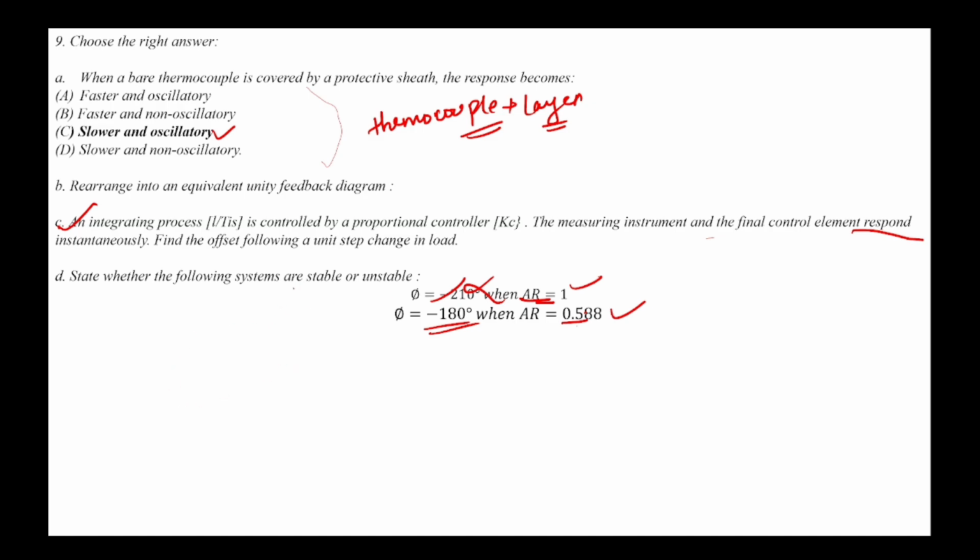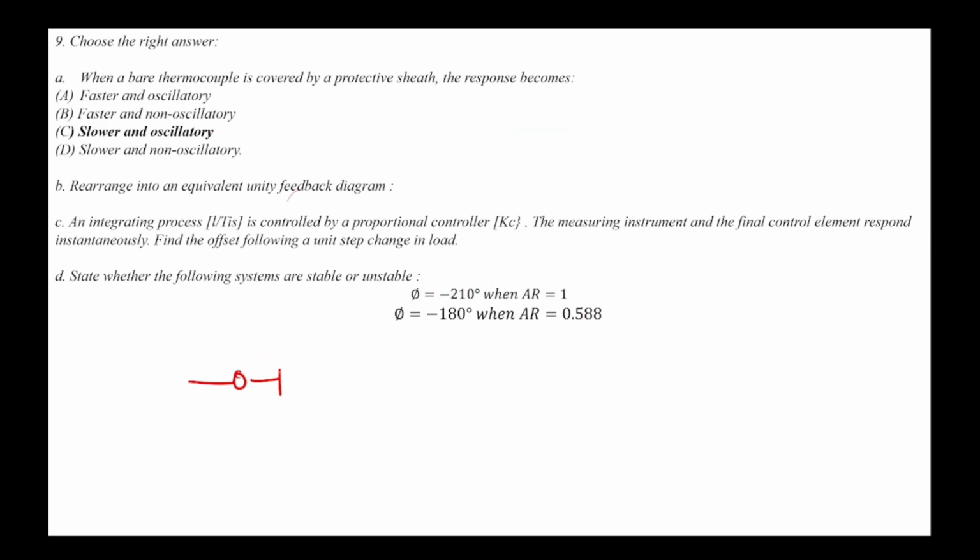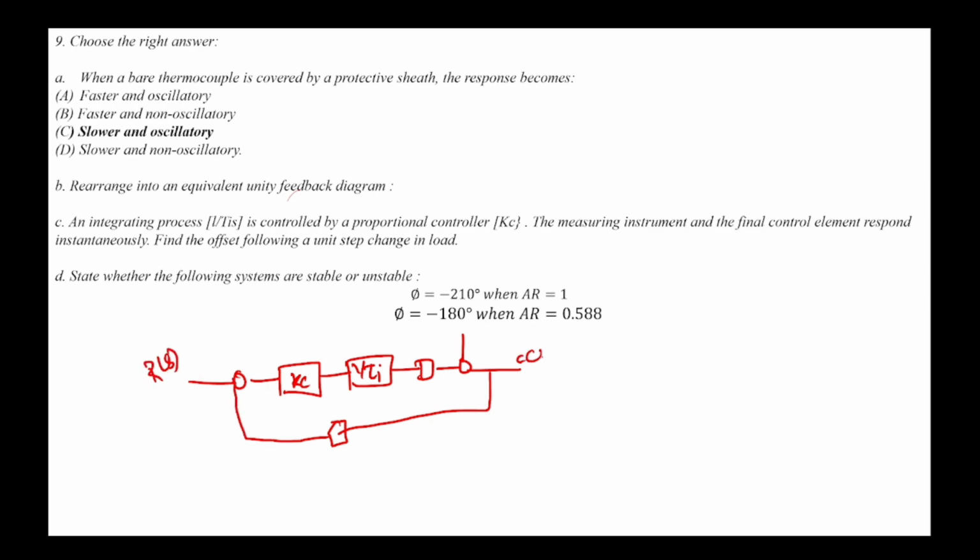Okay, so very first we will draw a diagram: Kc, 1 upon tau I s, Rs, Cs, Us.